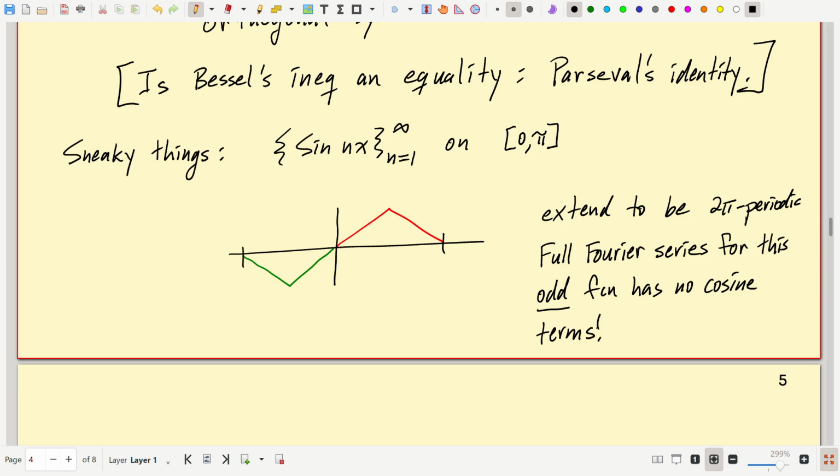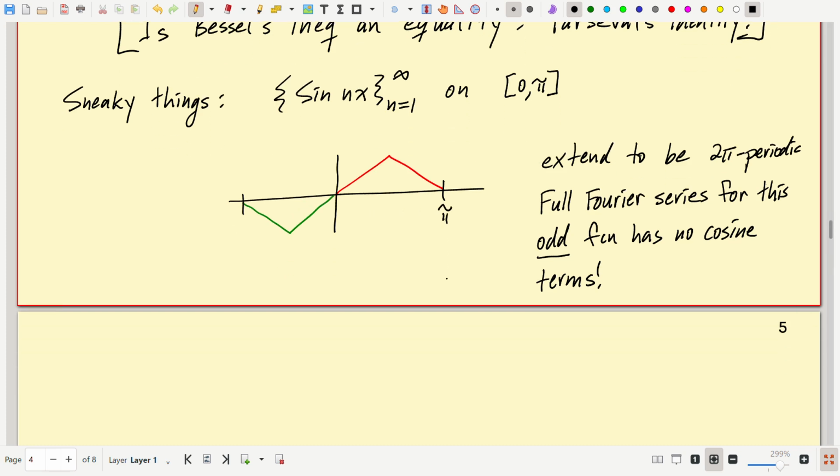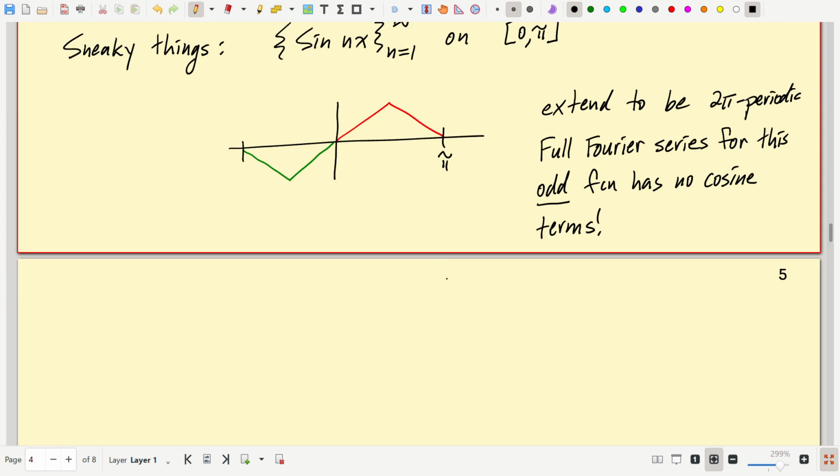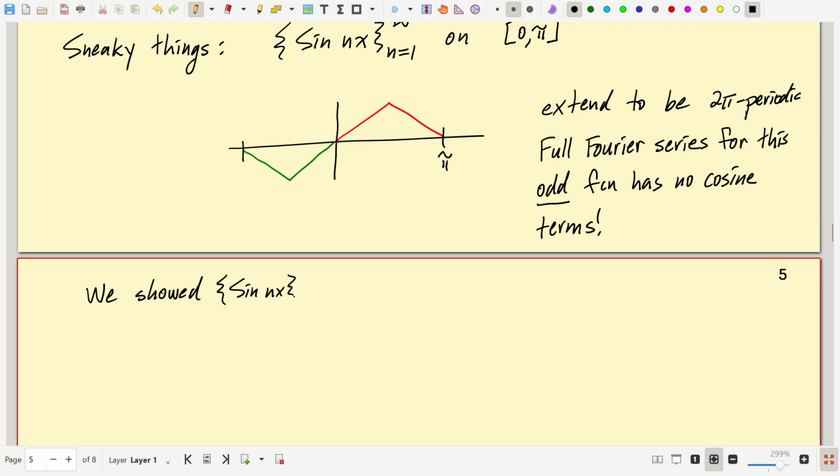It means that all we needed was sine on the interval from 0 to pi. So that's how we showed that the sine nx are complete. A complete orthogonal system on 0 to pi.